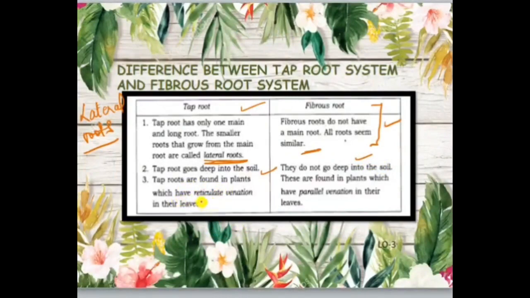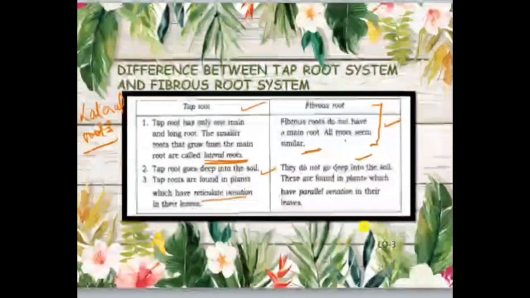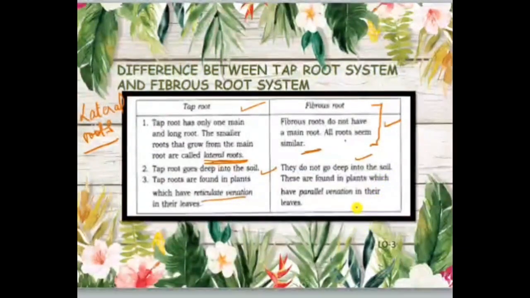Next, taproots are found in plants which have reticulate venation. We will discuss this type of venation of the leaf further in the upcoming lectures. On the other hand, fibrous roots are found basically in plants which have parallel venation in their leaves, meaning the veins are parallel.